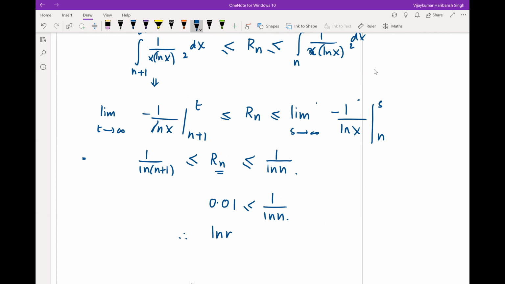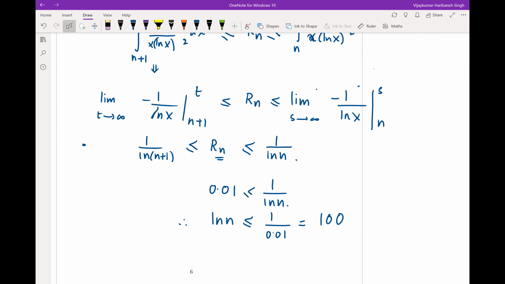We get 1 upon ln n is less than 0.01, so you're basically taking a reciprocal on both sides, and you're looking for when ln n is greater than 100.